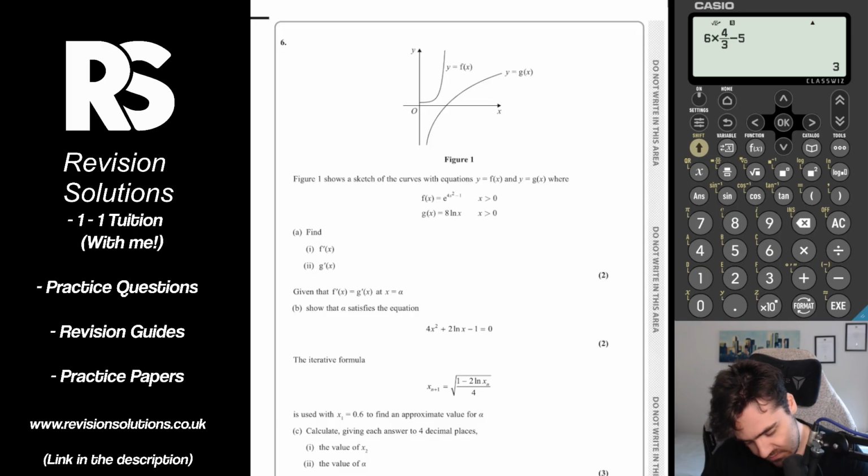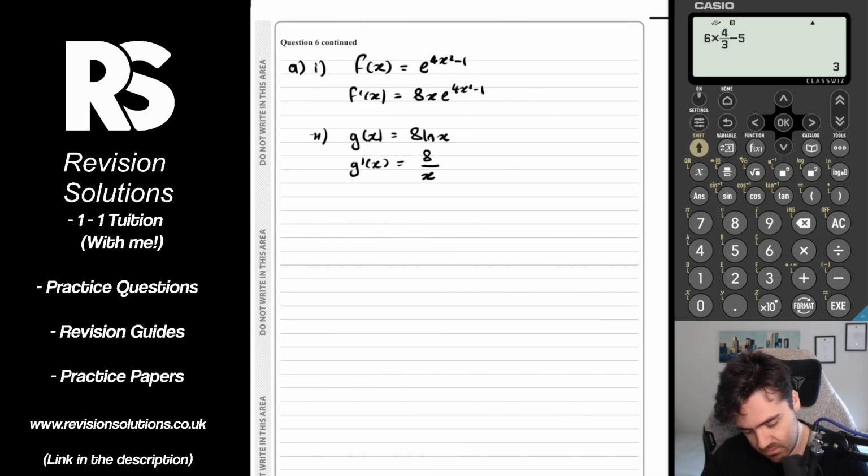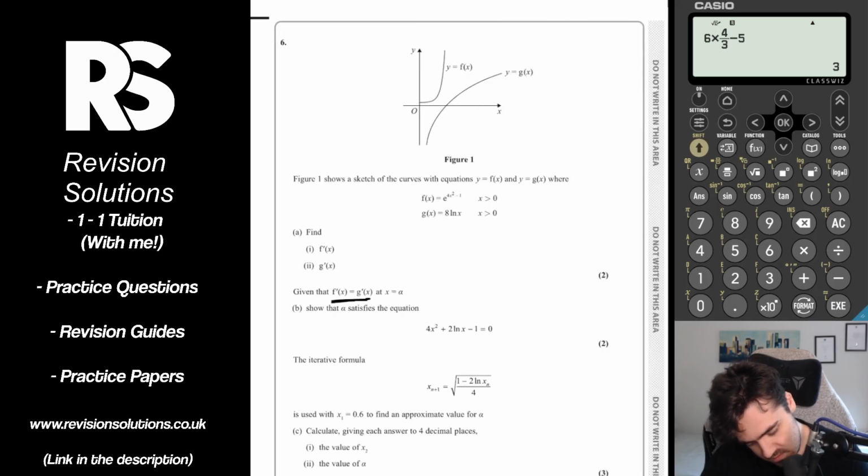Next, it says, given that f dash of x equals g dash of x at x equals alpha, show that alpha satisfies this equation. Okay, so if it's satisfying that equation, we can just set it up by doing this. So equating our derivatives from before, that would give us 8x e to the 4x squared minus 1 equals 8 over x.